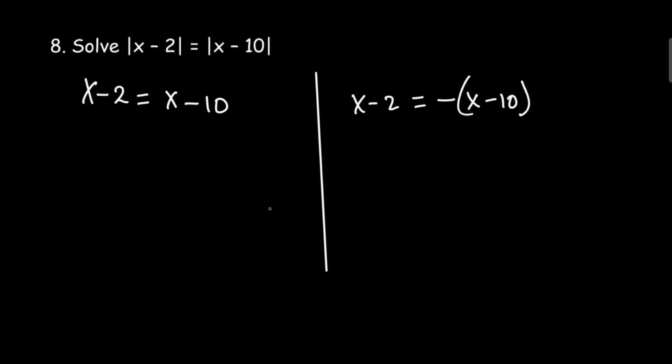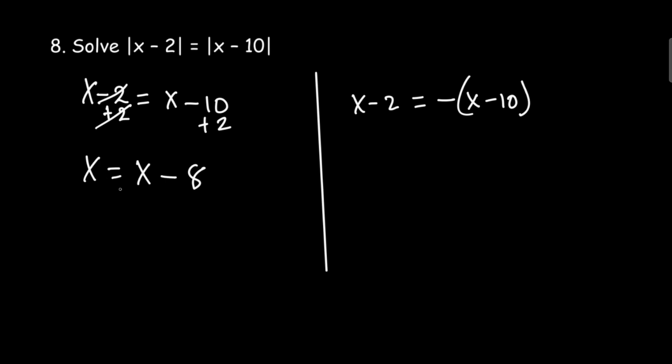Now you notice that there is something really serious about the first equation. If we go ahead and add 2 on both sides like this, this and this will go, then we have x is equal to x minus 8. And guess what? We are trying to figure out what x is, but it turns out that the x is going to leave the system.